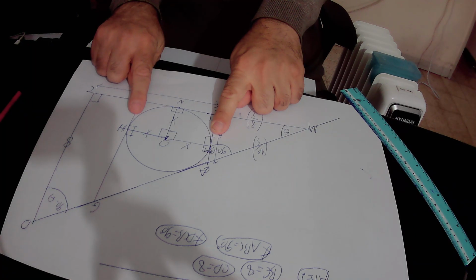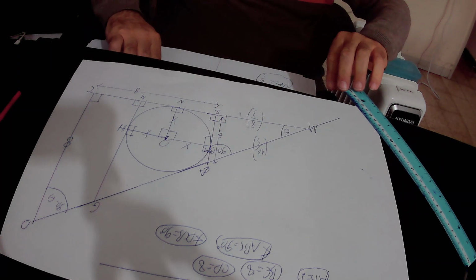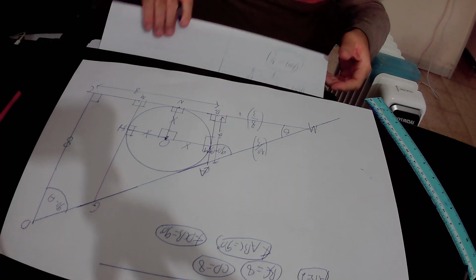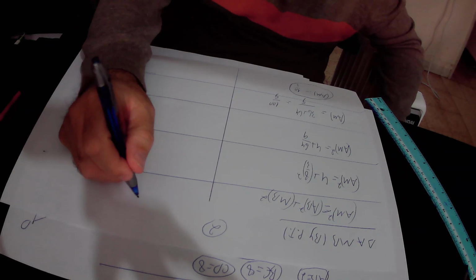That is to say, MH passes through point O, that is the center of the circle. And we know that any chord that passes through the center of the circle must be the diameter of the circle. Therefore, MH is the diameter of the circle. So I can write down here that MH is the diameter of the circle.